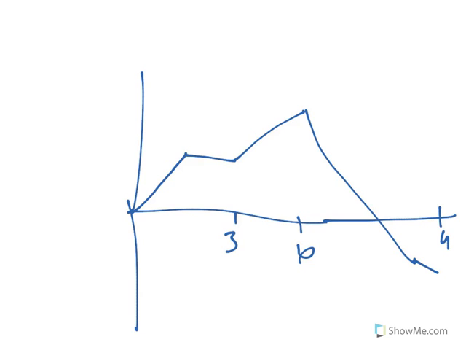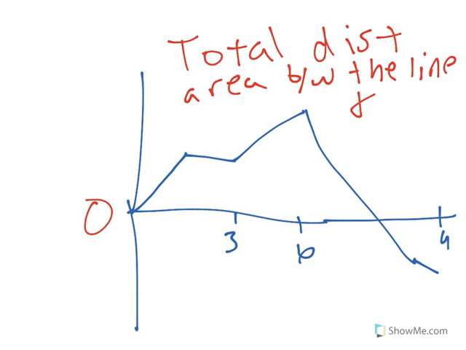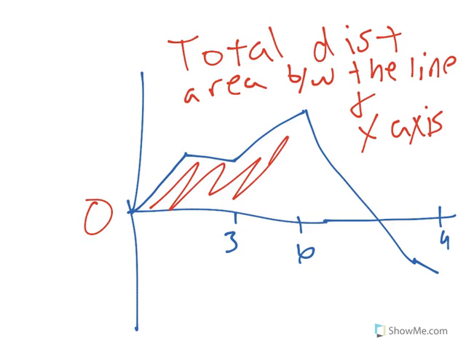I have to find the area under the curve, or rather the area between the line and the x-axis. So for this, if I want to know the total distance, I would have to do this area and this area. Okay, that would give me the total distance traveled.